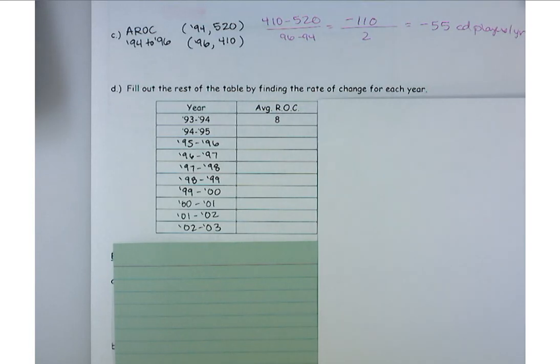Are we ready to check to see if we filled out the chart correctly? Starting with 94, 95. Okay, so for 94, 95, you should have negative 107.